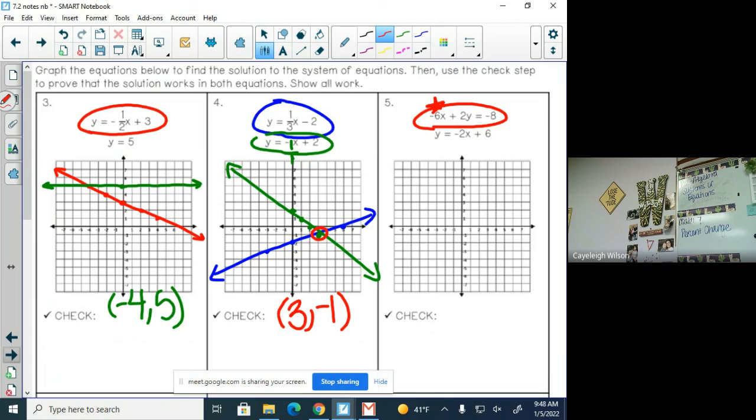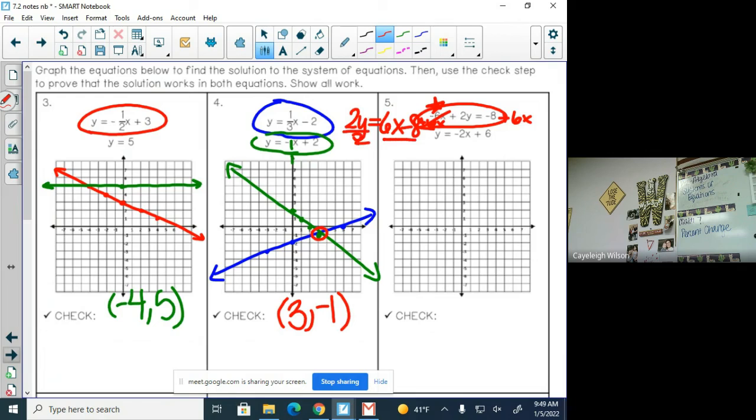All right, so what should you do first to solve that for y? Add the 6x to both sides. So those will cancel out, so I'm left with 2y equals, I always write the x term first. It's a plus 6x, so it's a positive 6x. It's a -8, so it's a -8.